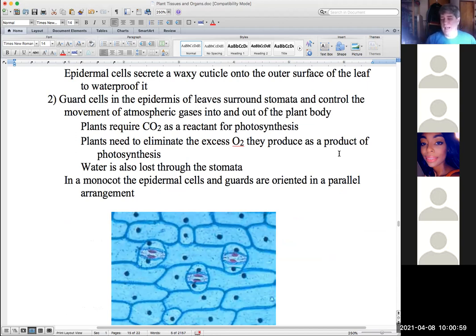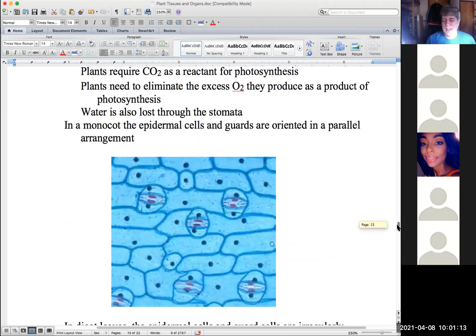And also eliminate oxygen, because plants use a little bit of oxygen for aerobic cell respiration. But since they make oxygen in photosynthesis, they make so much of it, they make more than they need. So what they can't use is released into the air. So water is also released through the stomata.